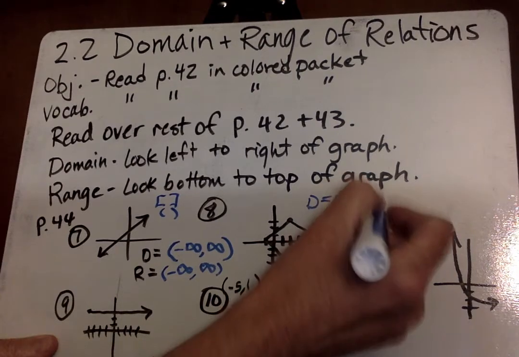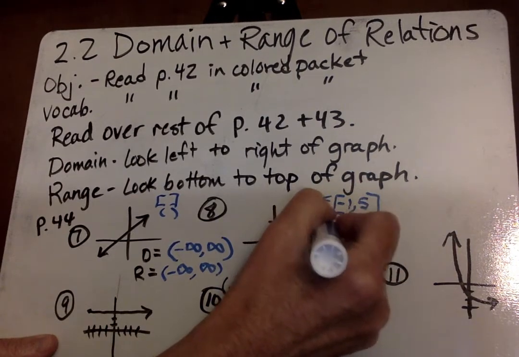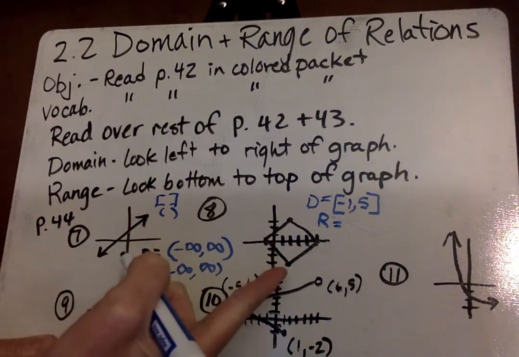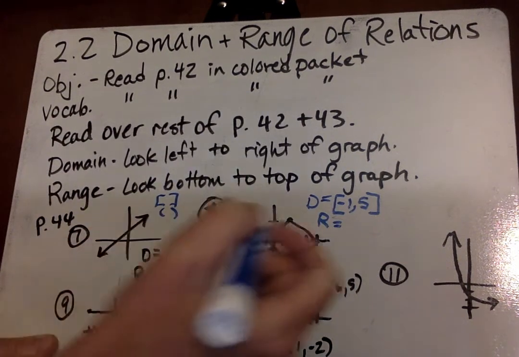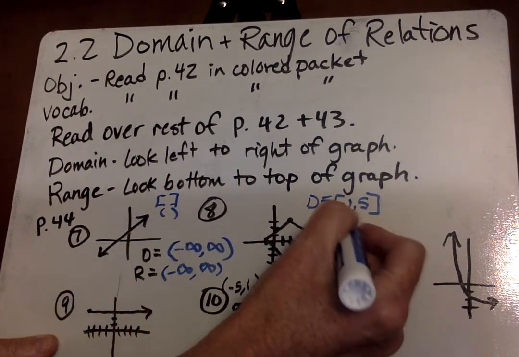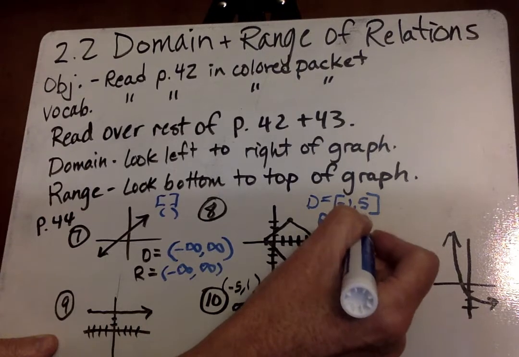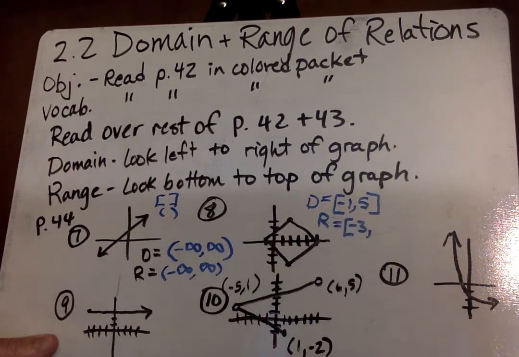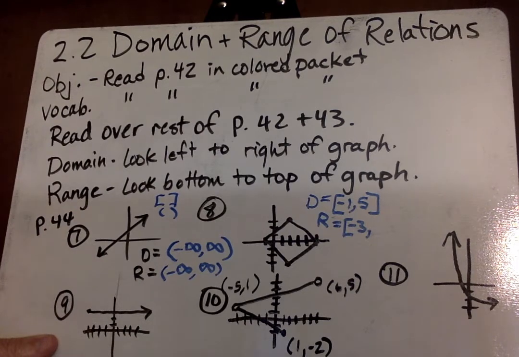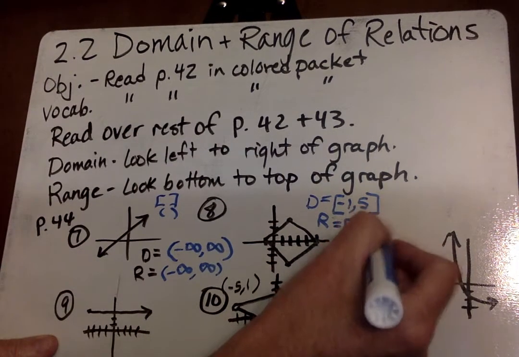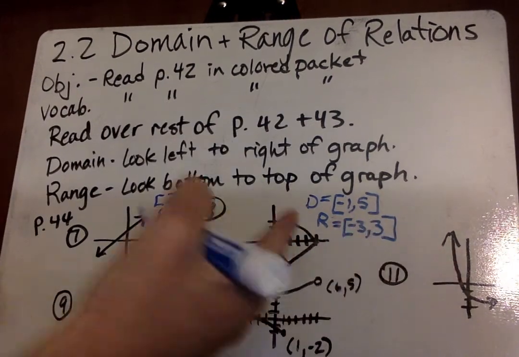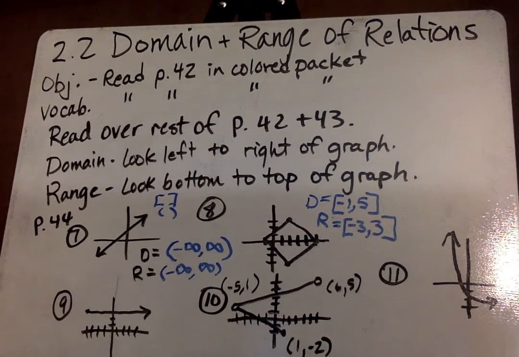And it does include 5. Now range, I'm going to look at the lowest one here. And that looks like it's -3, and yes, it includes -3. And it goes all the way up to +3, I believe, and includes that. So there you have your domain and range for number 8.